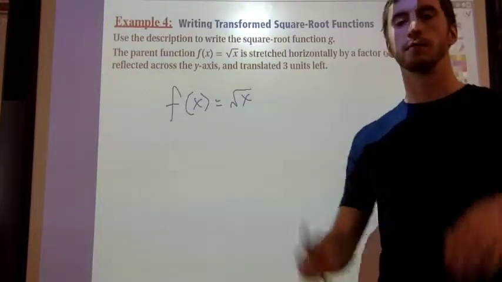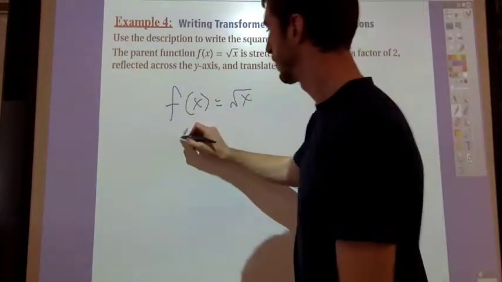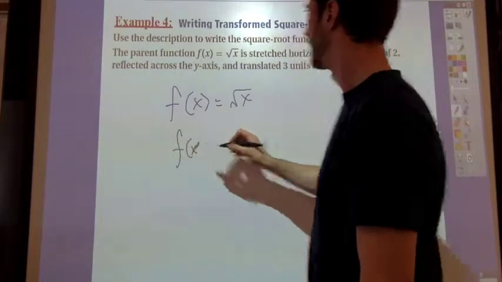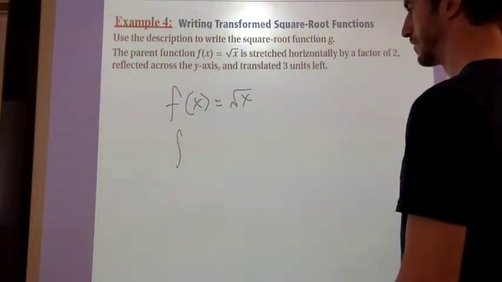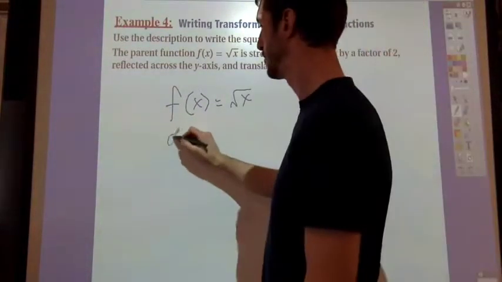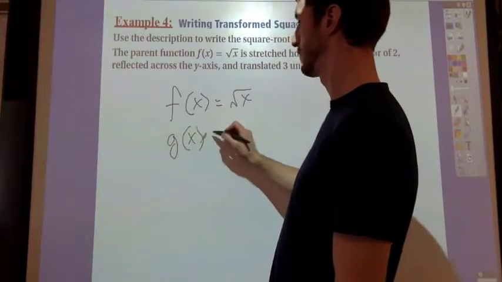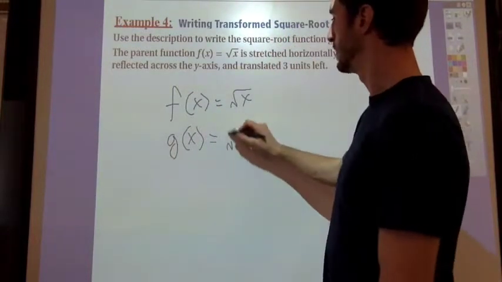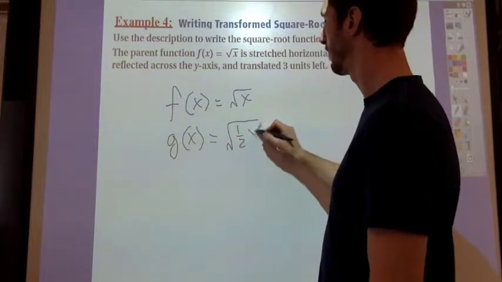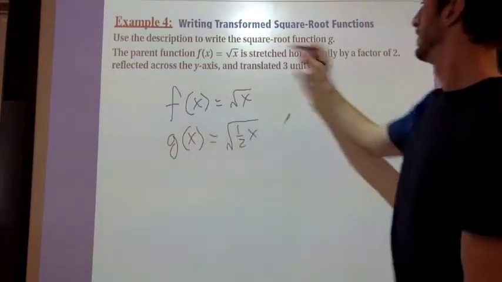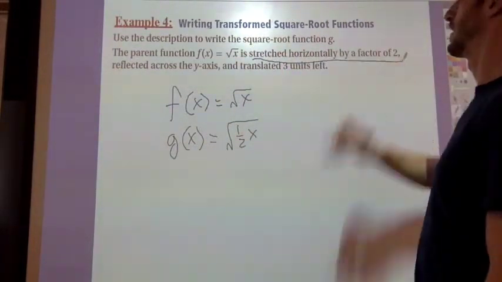If it's horizontal, remember it's the reciprocal. So we're going to rewrite it as, I'll just keep increasing my alphabet, so g of x with each transformation. So g of x is going to be the square root of 1/2 of x.